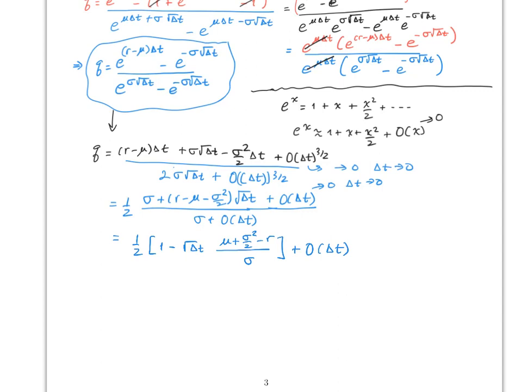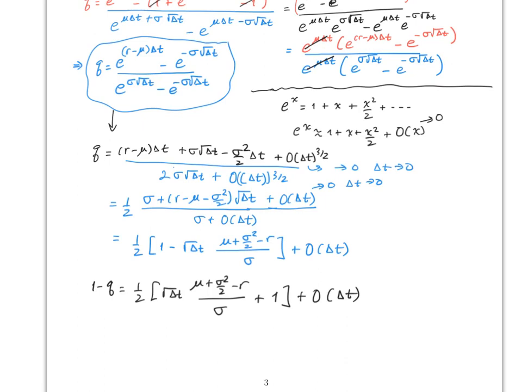And similarly, you can find that 1 minus q is equal to 1/2 times 1 plus the square root of delta t times mu plus sigma squared over 2 minus r, divided by sigma, plus the error.